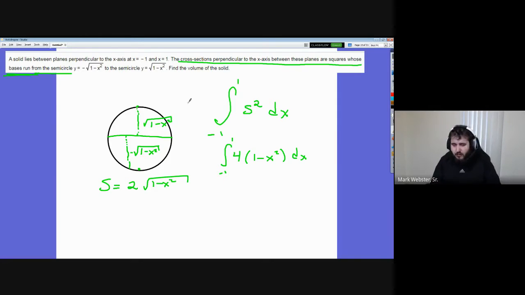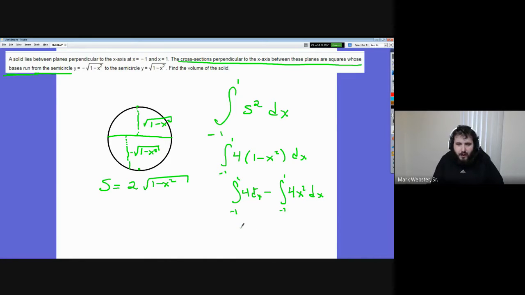It doesn't matter which way you go. I would probably distribute if it was me, rewrite it as the integral of 4 minus the integral of 4x squared, just so I didn't have to do it all at once, but you can do it all at once. It's up to you, however your brain works.